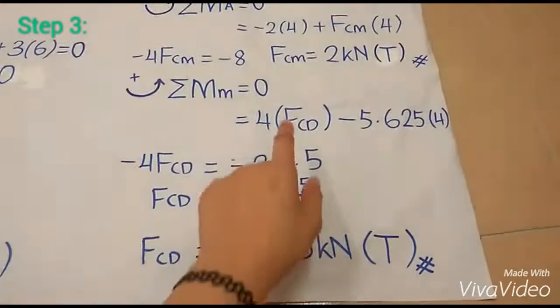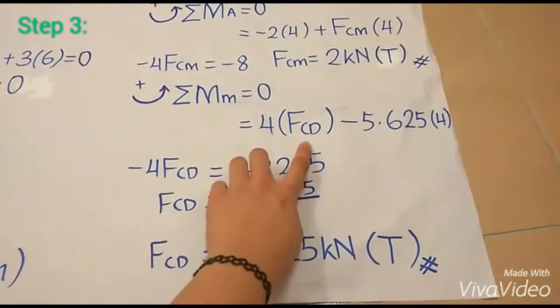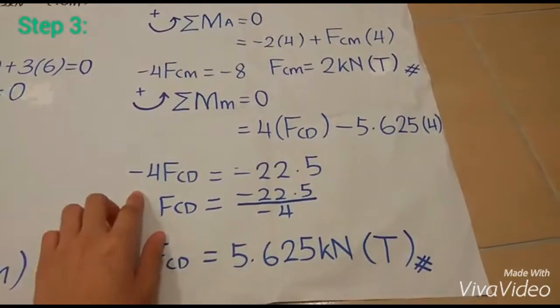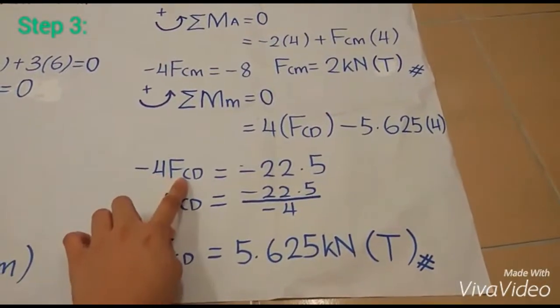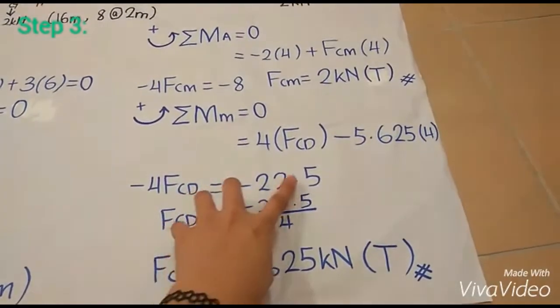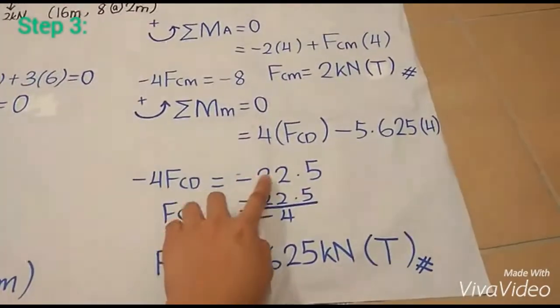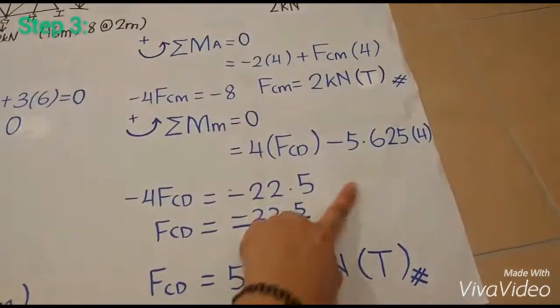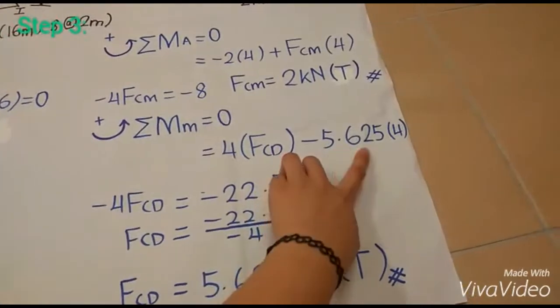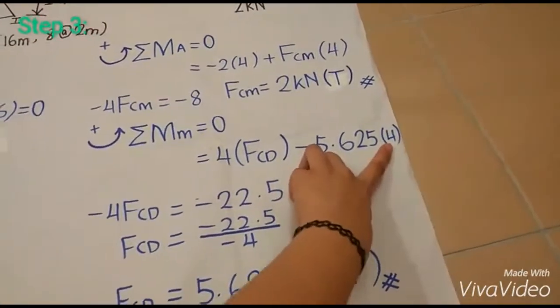Okay, then we bring 4 multiplied by FCD to the opposite side and it becomes negative 4 FCD equals negative 22.5. Negative 22.5 is the product of 5.625 multiplied by 4.